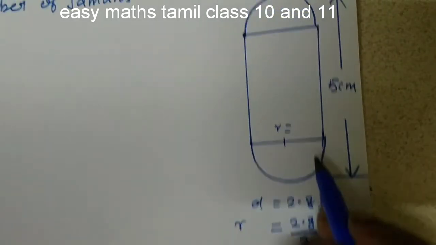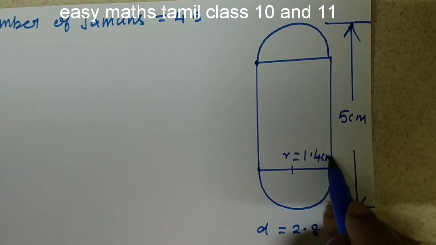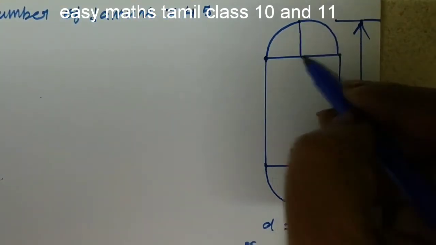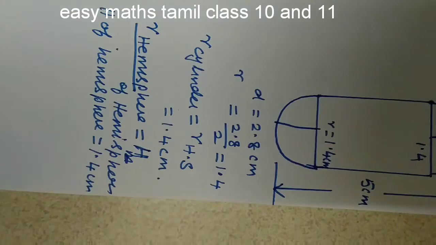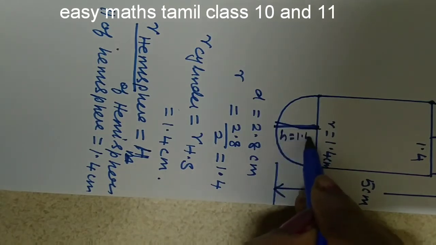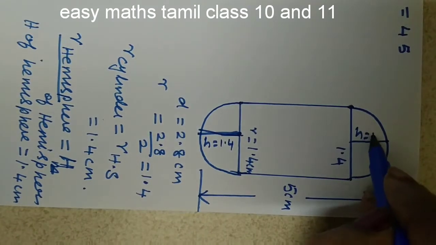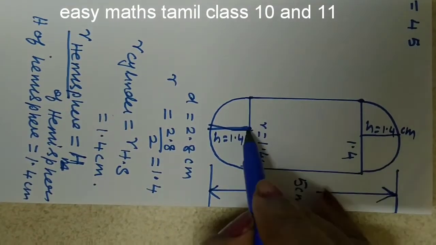So radius is 1.4, height is also 1.4. Here also the height equals 1.4 centimeter. 1.4 plus 1.4 is 2.8.